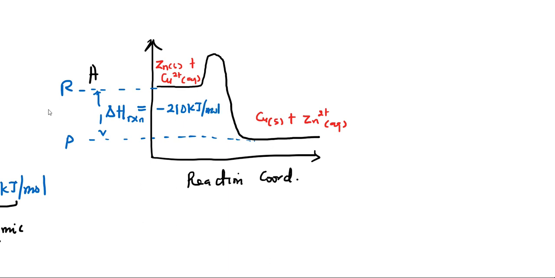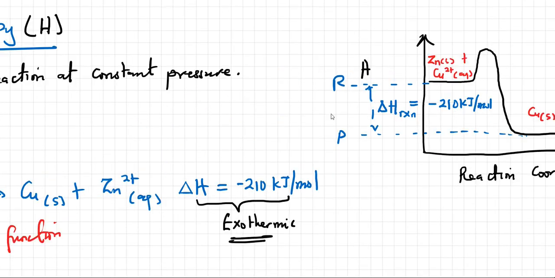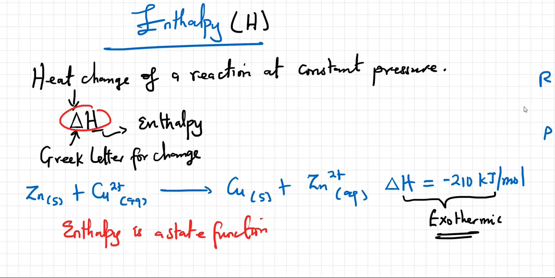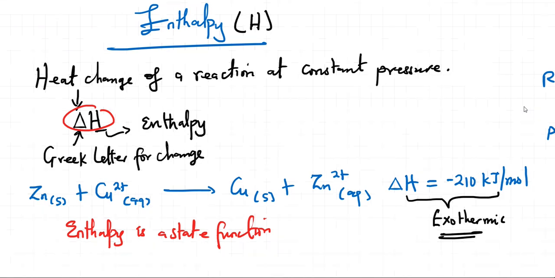So that is an example of the energy profile for a typical exothermic reaction that has a negative enthalpy of reaction.